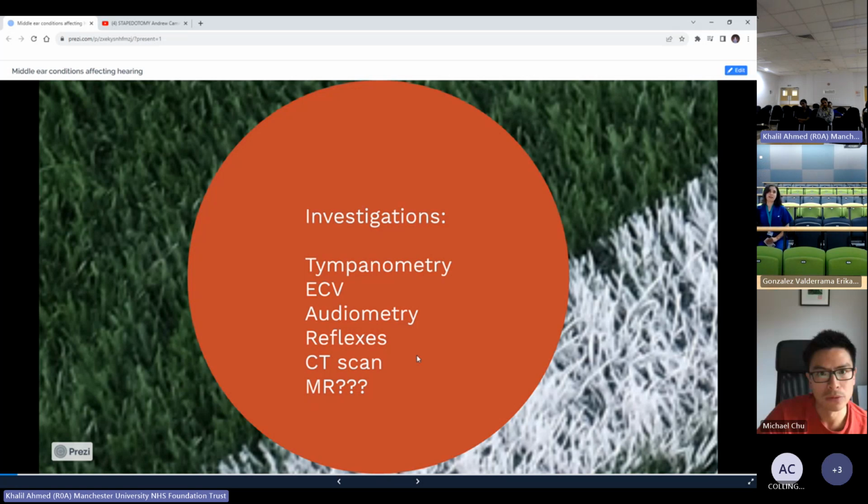So maybe a bit of fluid, and maybe if you do a DWI, it might tell you if you've got some cholesteatoma. But all it does is say yes cholesteatoma or no cholesteatoma. It doesn't actually tell you anything about the middle ear. So it's a rubbish investigation for middle ear problems. So we often see people sent to me for stapedotomy, and I notice they've had an MRI of IAMs.